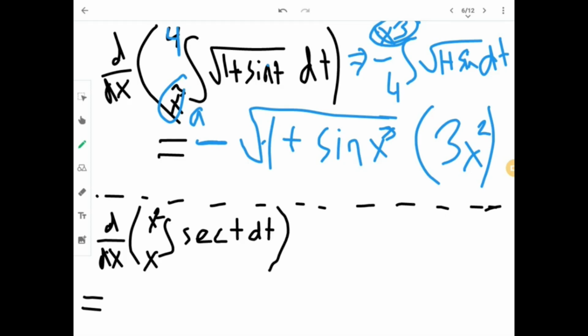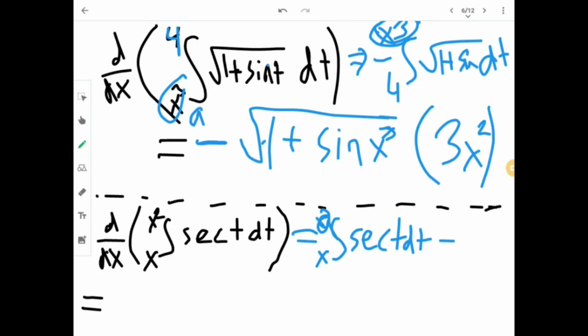Next one, the integral of secant from x to x squared. Here you have to apply the first fundamental theorem of calculus, but you have an integral whose lower bound is not a constant, so you basically have to separate it. So you equate this into the integral from x to a of secant t dt, plus, actually not 0, make it any constant a such that it's between x and x squared.